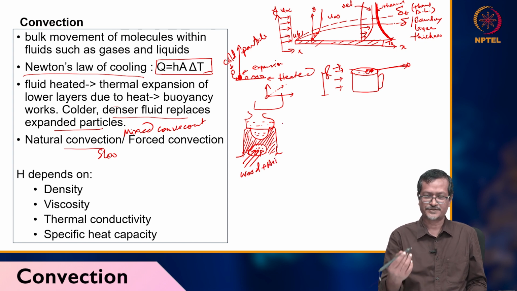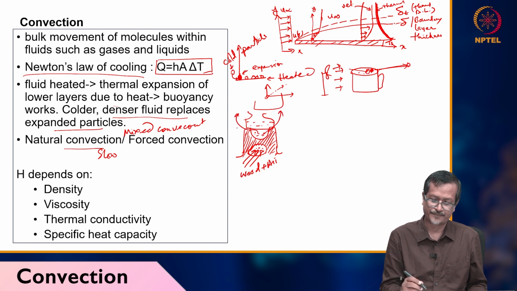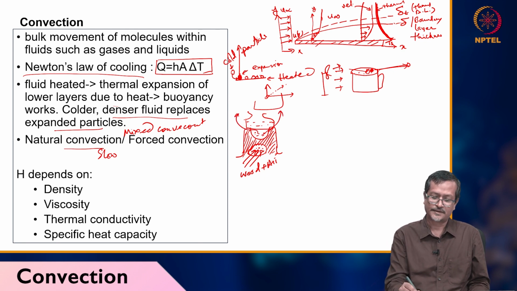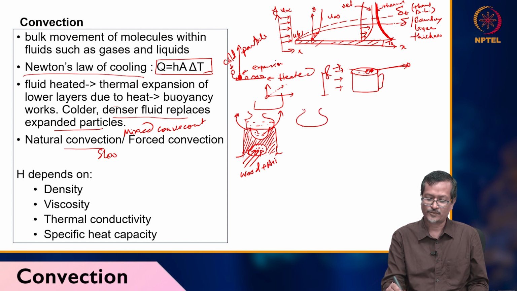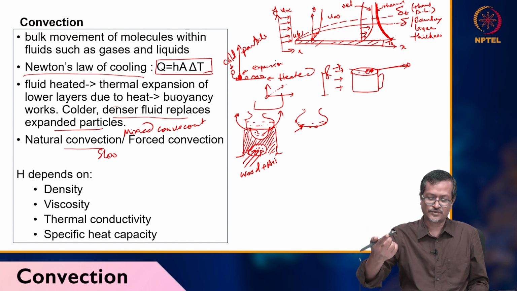When the wood is burned and the air is hot, the expanded particles will try to go up. As they go up, the hot gas touches the pot or vessel surface and transfers heat to the pot.